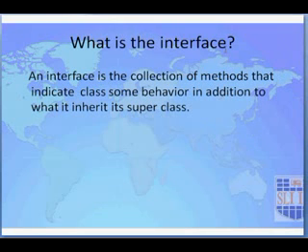What is an interface? An interface is a collection of methods that indicate some behavior in addition to what it inherits from the superclass. For example, the Comparable interface contains a method that compares two objects of the same class to see which one should appear first in a sorted list. Any class that implements the interface can determine the sorting order for objects of that class.